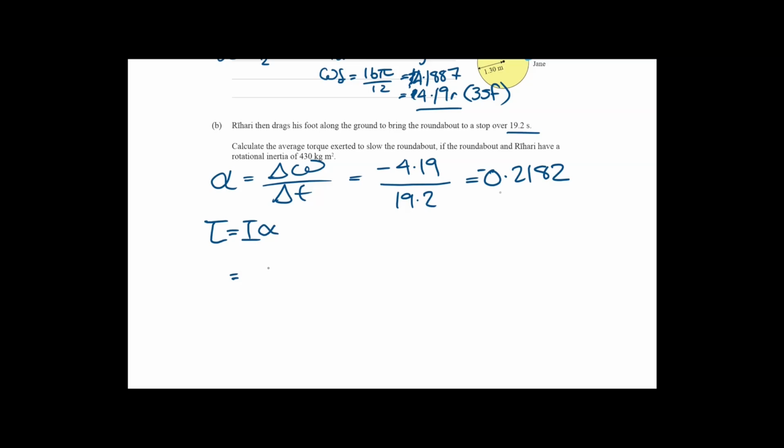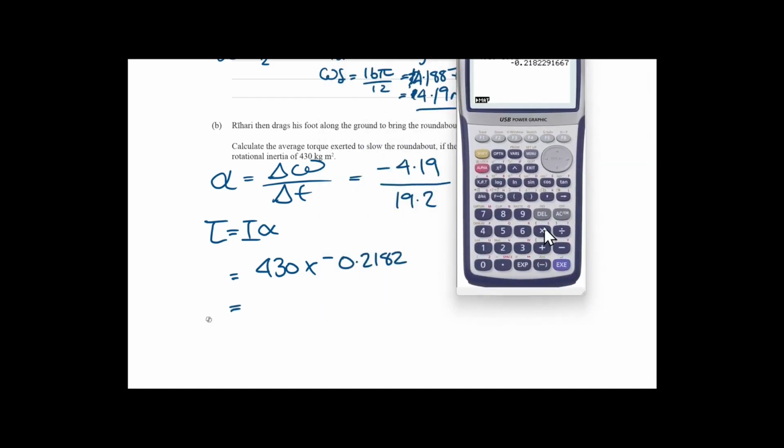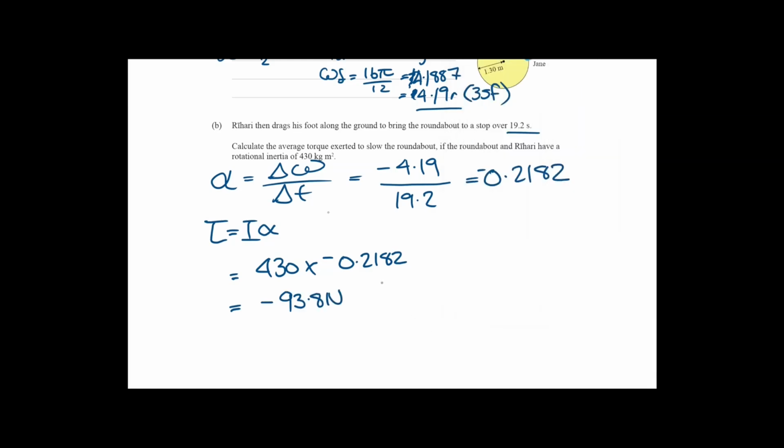So that's going to be 430 times negative 0.2182. Let's do that, times 430, negative 93.84 newton meters, and the negative means it's a slowing torque, because you still have to do work to slow something down if it's already moving. Okay, and I think that's it. I think it's as complicated as that gets.